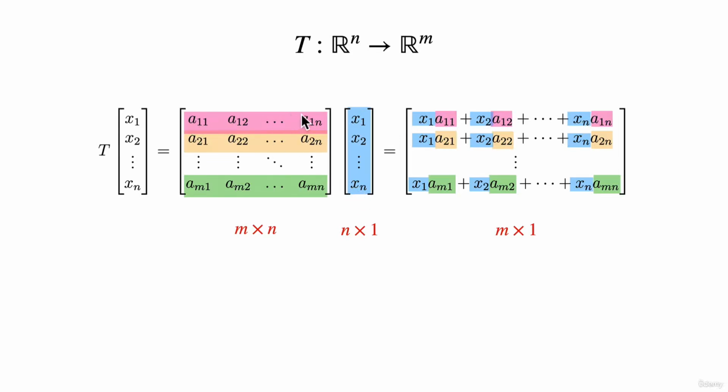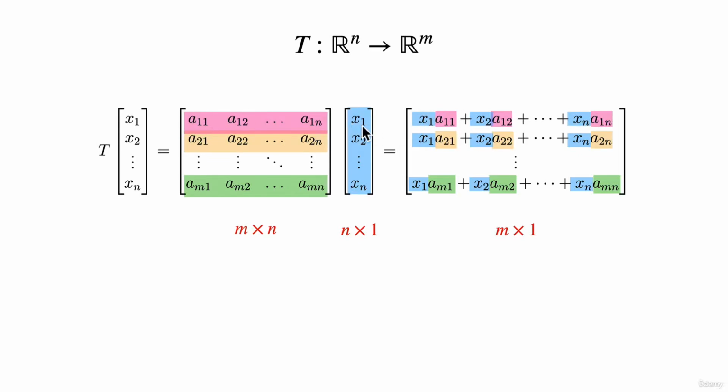So the number of columns in the matrix must be the same as the number of rows in this column vector here. So the matrix is m times n, and the vector must have n rows and just one column. Then if these two numbers are the same, so the number of columns here and the number of rows here, then we can perform this multiplication.